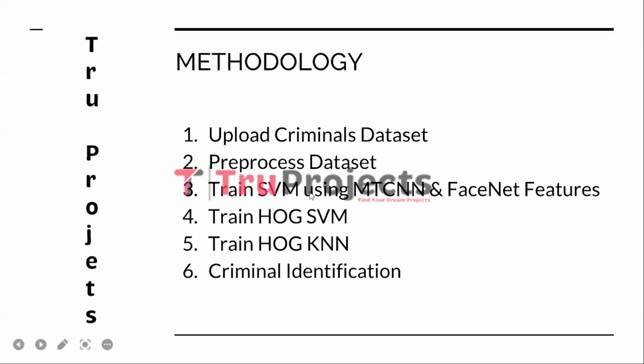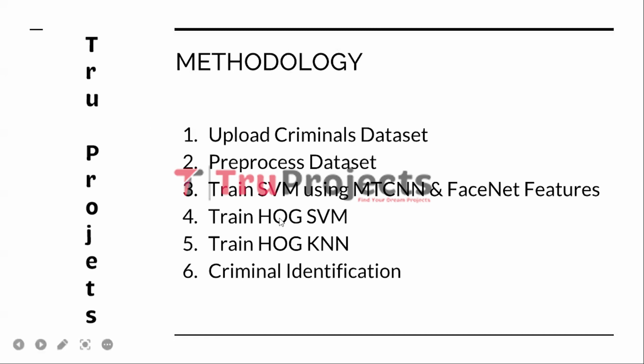Third module is Train SVM using the MTCNN and FaceNet features. In this module, the SVM algorithm will be trained using the faces and extracted features from the FaceNet model. The SVM model will be trained using 80% of the dataset, and then the trained model will be applied to the remaining 20% of the images to calculate the prediction accuracy.